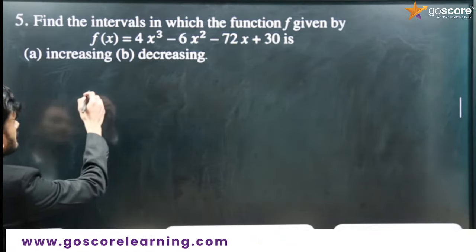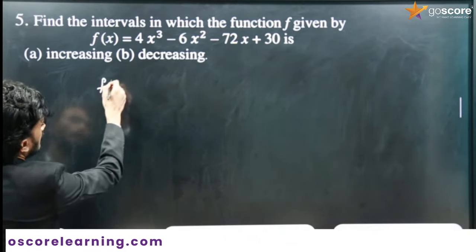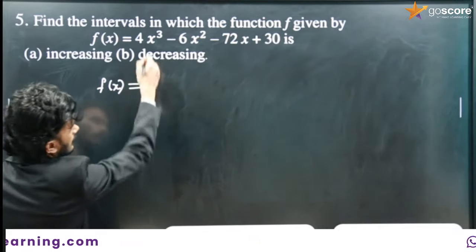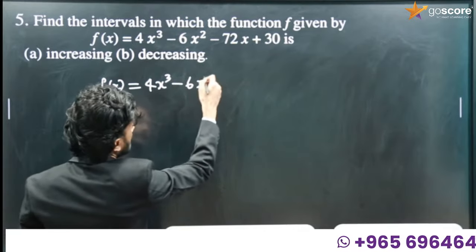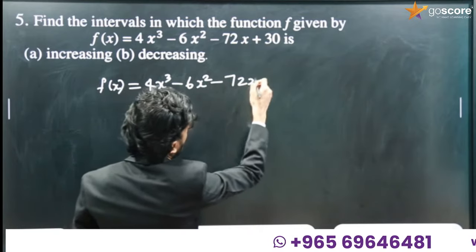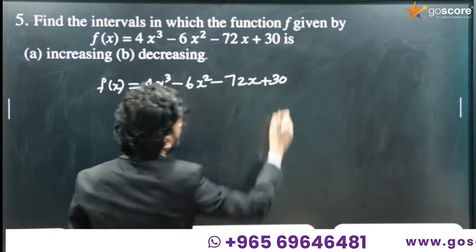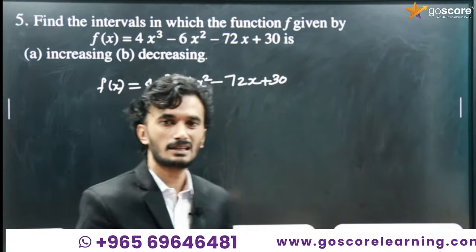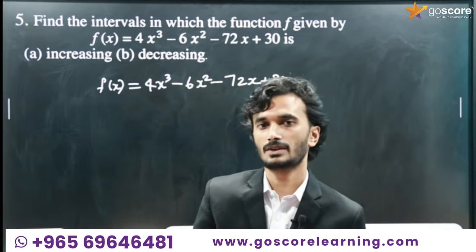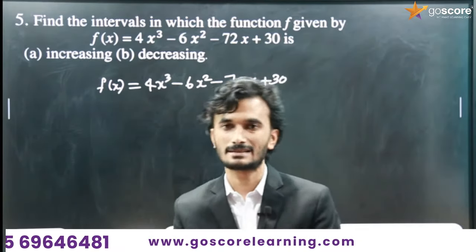So first I will check f of x, which is given as 4x cube minus 6x square minus 72x plus 30. What is f dash of x? For an increasing or decreasing function, we check whether f dash of x is greater than 0 or less than 0.